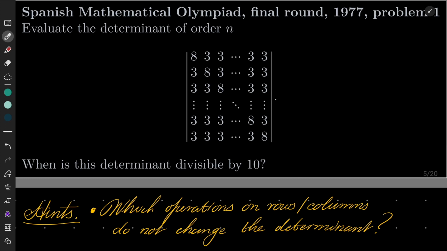So my hints for this problem. First hint is to think about which operations on matrices do not change the determinant. Namely, we can take one row or one column and add it or subtract it from any other column or row, and the determinant will stay the same.